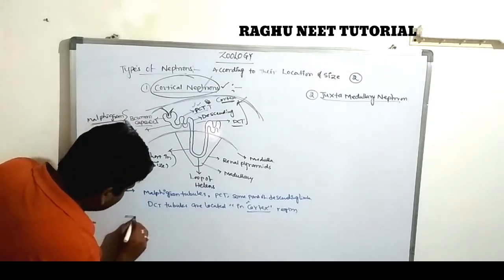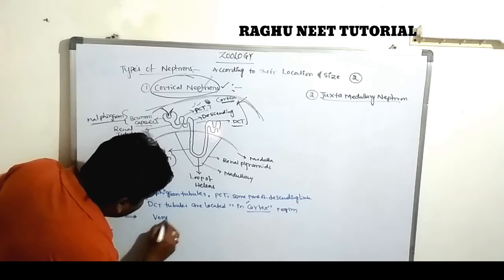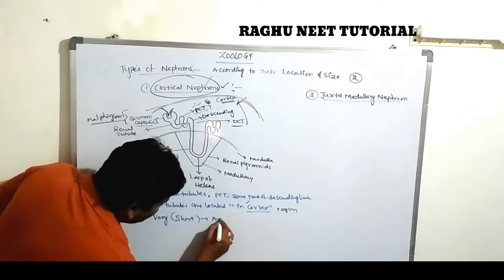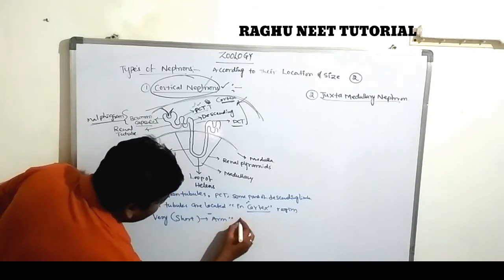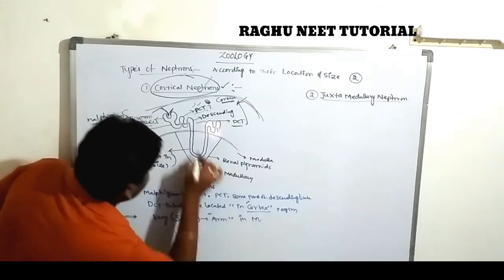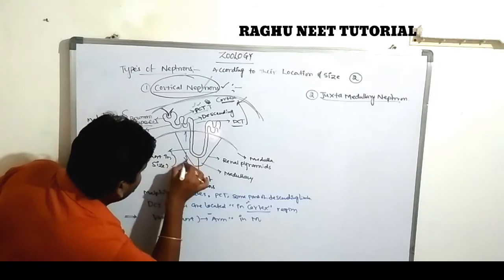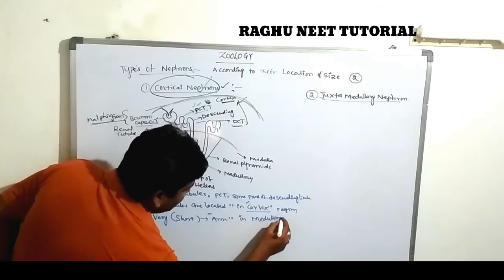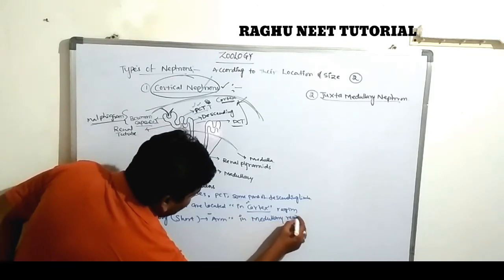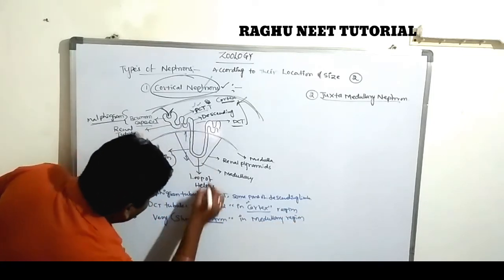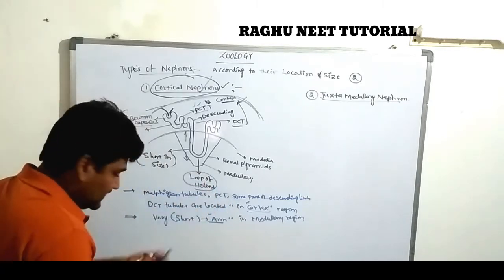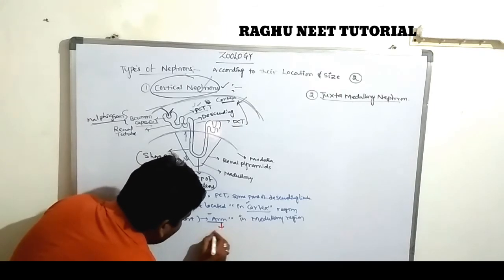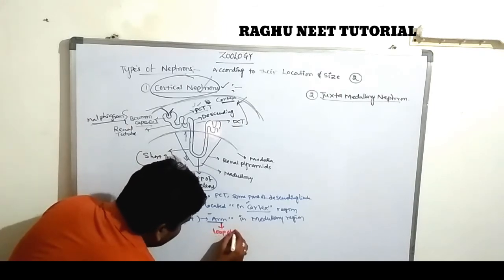Cortical nephrons consist of a very short arm, note down, in the medullary region. This very short arm in the medullary region is commonly known as the loop of Henle.